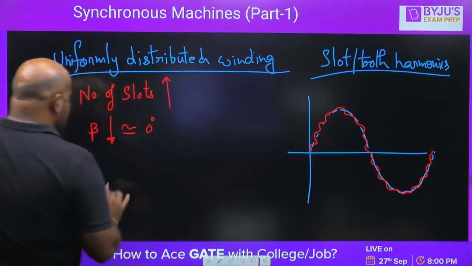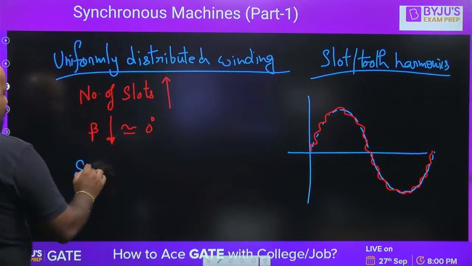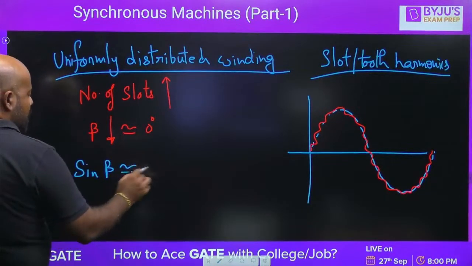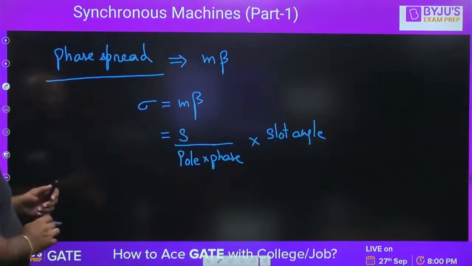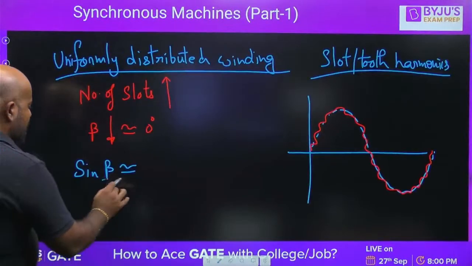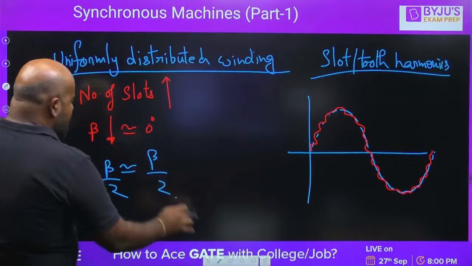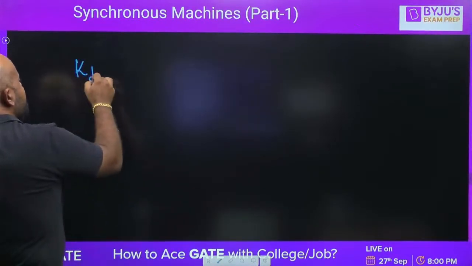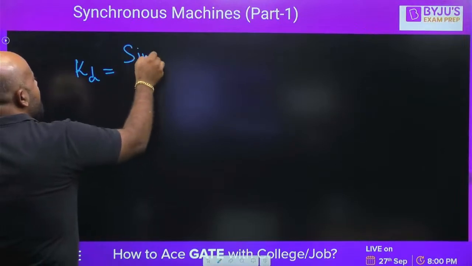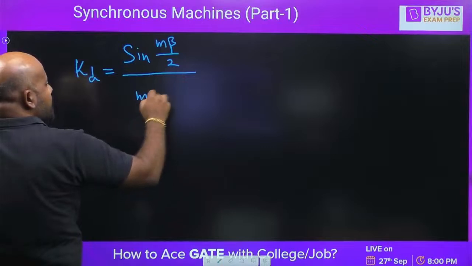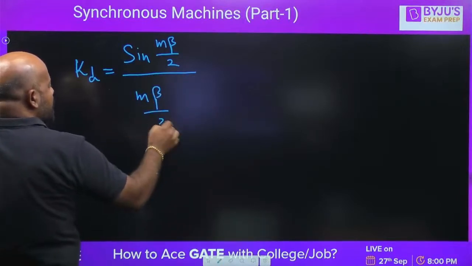If this is the condition, so can I say sine beta by 2 is simply going to be beta by 2. So if you put it here, your distribution factor will become sine m beta by 2 upon m beta by 2.